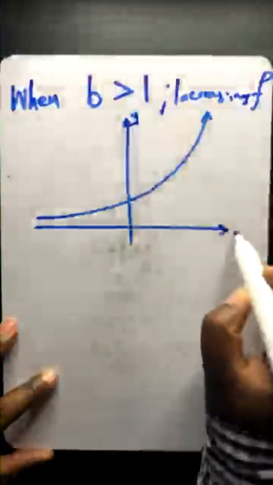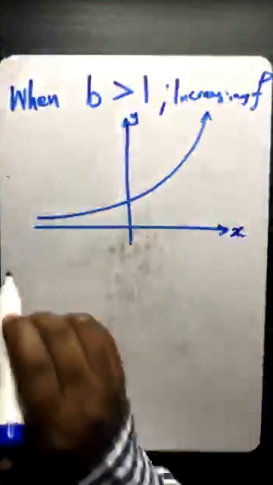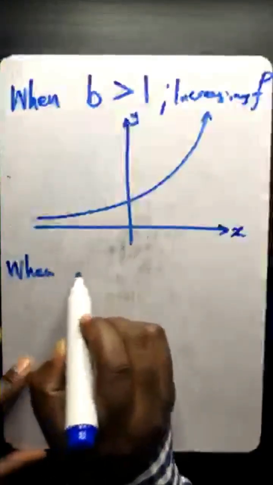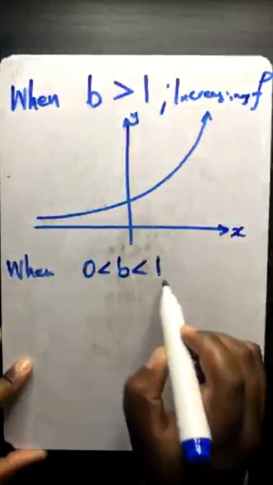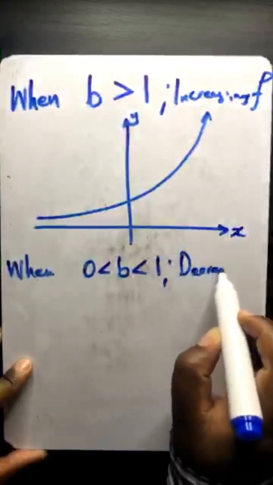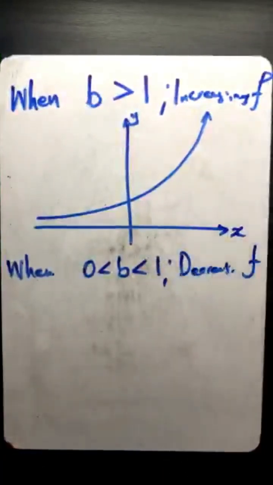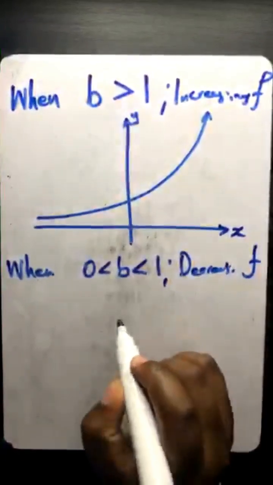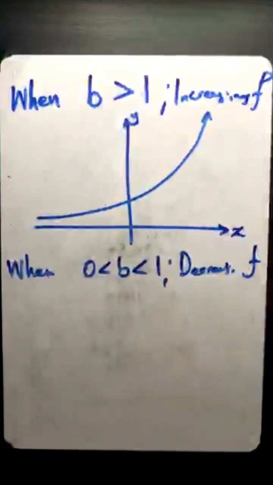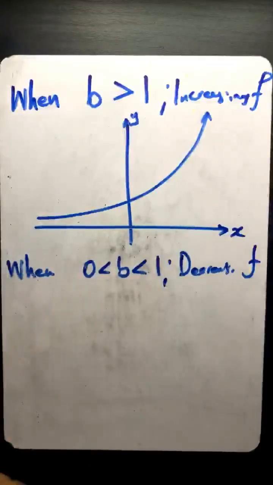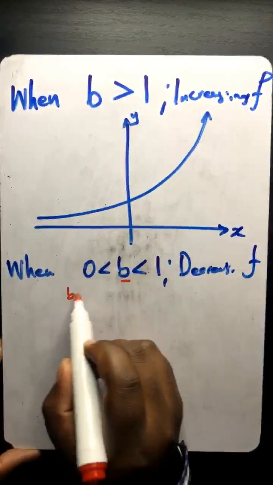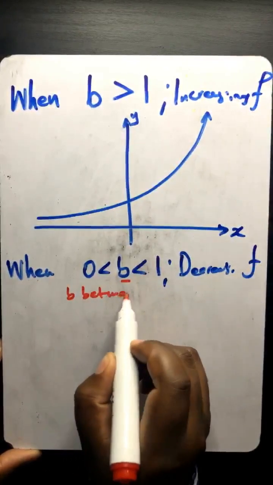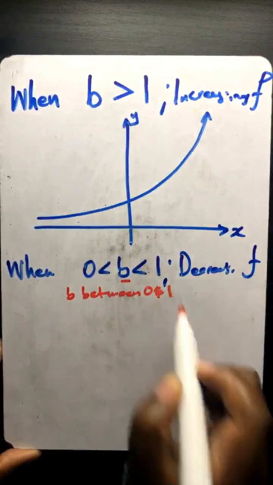This is the y-axis, this is the x-axis. When b is between 0 and 1, we have a decreasing function. So what might be confusing you is this thing: don't read it as 0 less than b, rather say b is between 0 and 1. That's what is meant.